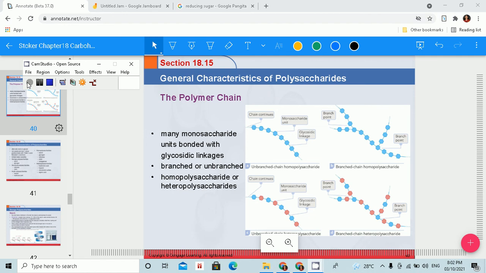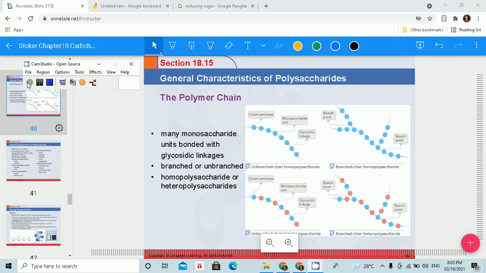Let's go to our general characteristics of polysaccharides. A polysaccharide is made of from 11 monosaccharides to millions of monosaccharides, so many monosaccharide units bonded with glycosidic linkages.